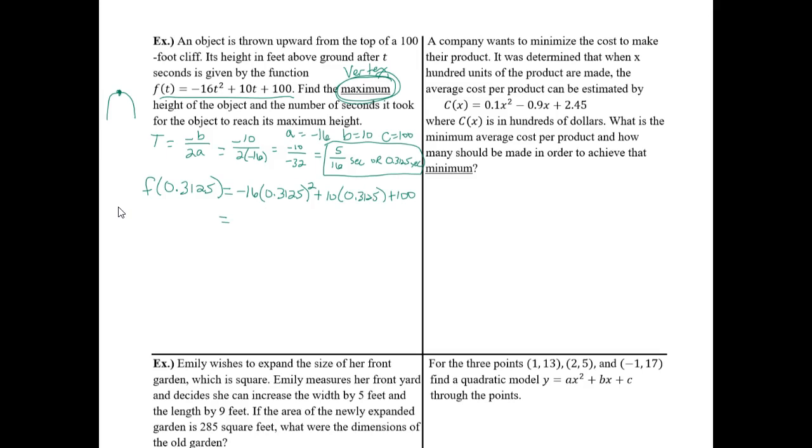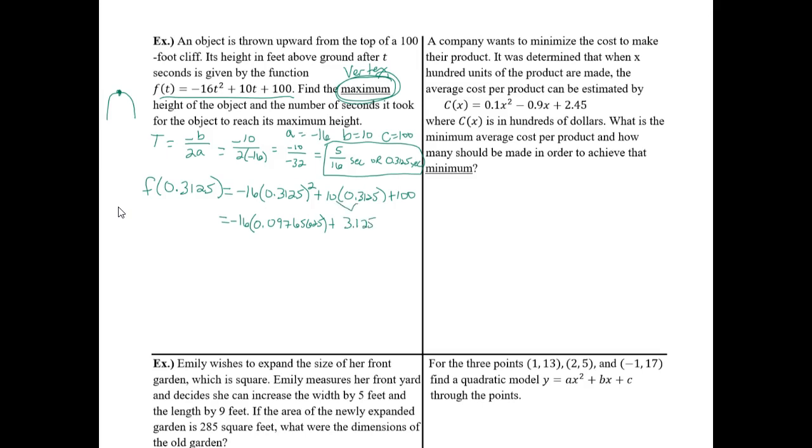And first we do the order of operations, so we do the exponent first. So this is going to be a long decimal, 0.09765625. Again, you're not rounding anything. We will round the final answer if we're asked to.